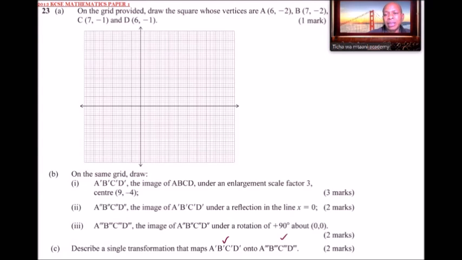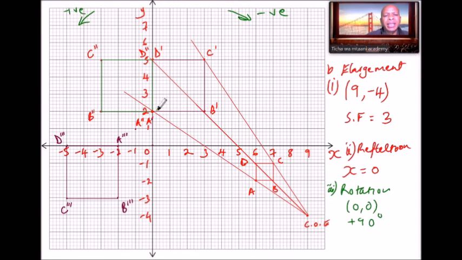So let's do that. We are supposed to relate ABCD prime, that is our first image. This is the first image, and this is our third image. This is our second image. How do you get the third image directly from the first one? If you look at this, it's a reflection, looking at A and A, B and B. And the reflection is through a line.